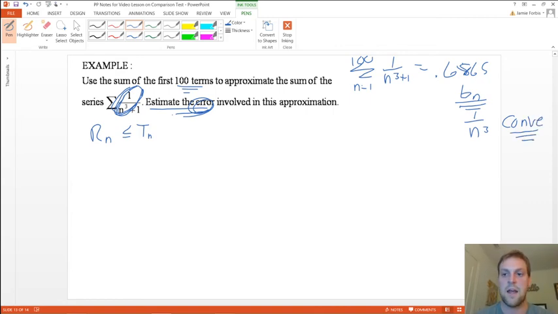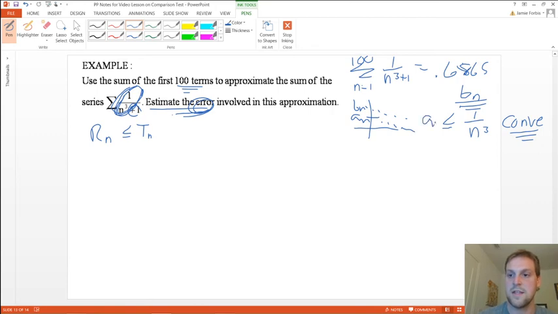And I know that this is convergent based off of the p-series. Okay. And I also know that B sub n is going to be just a little bit greater than or equal to A sub n because it doesn't have that plus 1 in the denominator. So if you drew the picture out, you would see that B sub n is converging and A sub n is also converging based off of the comparison test.